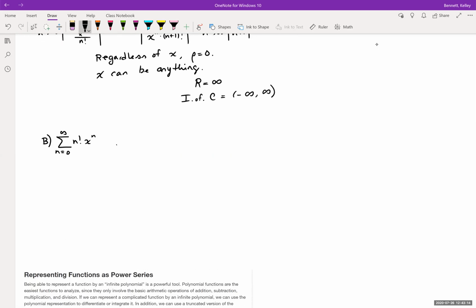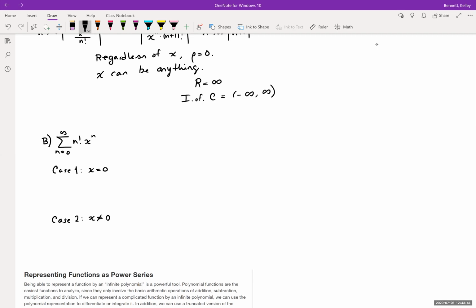So let's consider two cases. The first case is if x is 0. And the second case will be x is not 0, right? And so that takes care of all possible values of x. You're either 0 or you're not.